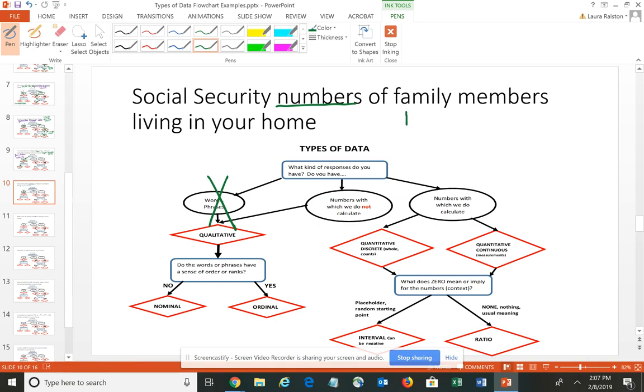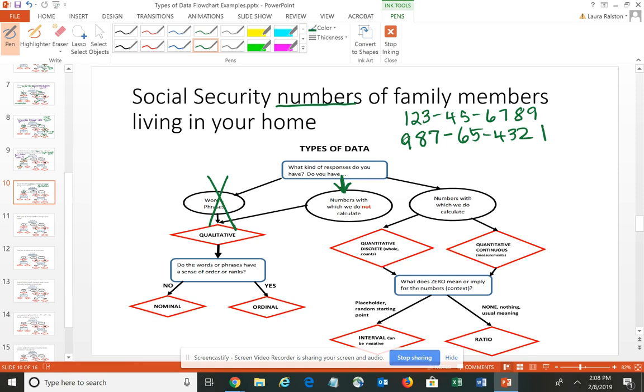If you have 1, 2, 3, 4, 5, 6, 7, 8, 9 as a social security number, and maybe 9, 8, 7, 6, 5, 4, 3, 2, 1, we've got two social security numbers there, but are we going to add those together? Are we going to subtract them? No, we don't normally calculate with social security numbers. So these are numbers, yes, but we don't calculate with them.